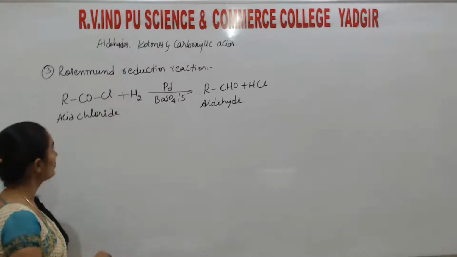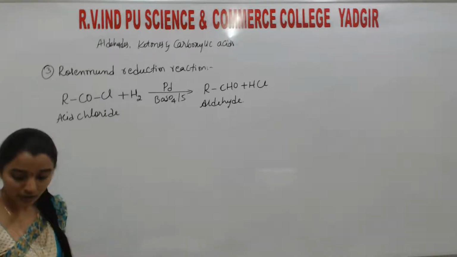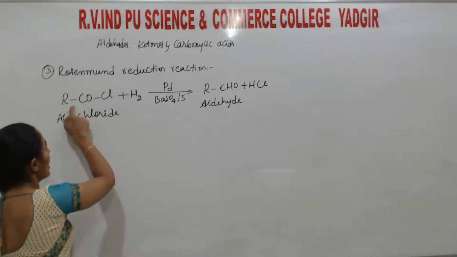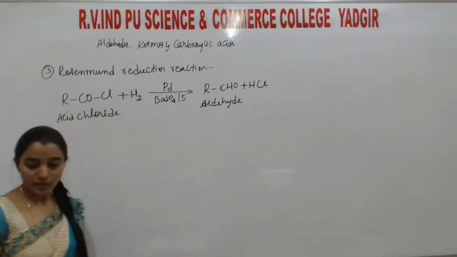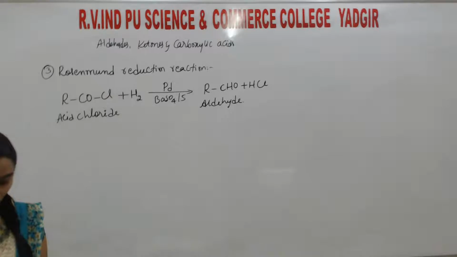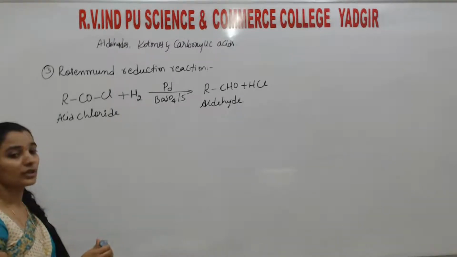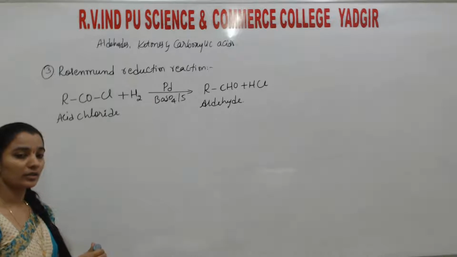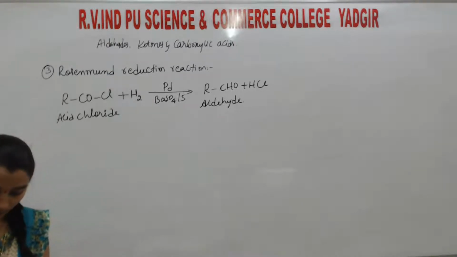So here what is happening? Addition of hydrogen is happening. Where? To this group RCOCl. So here H is added. So addition of that hydrogen is called the Rosenmund reduction reaction. Understand? So I'll explain the statement here. Then you will understand.